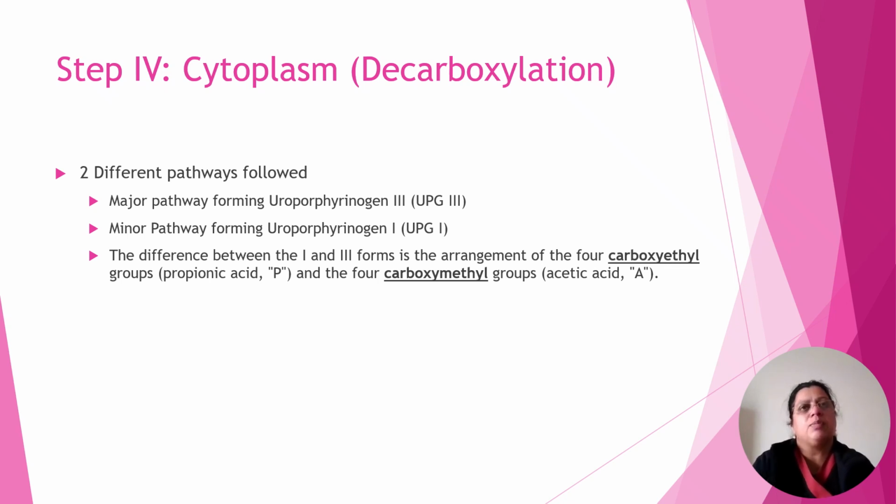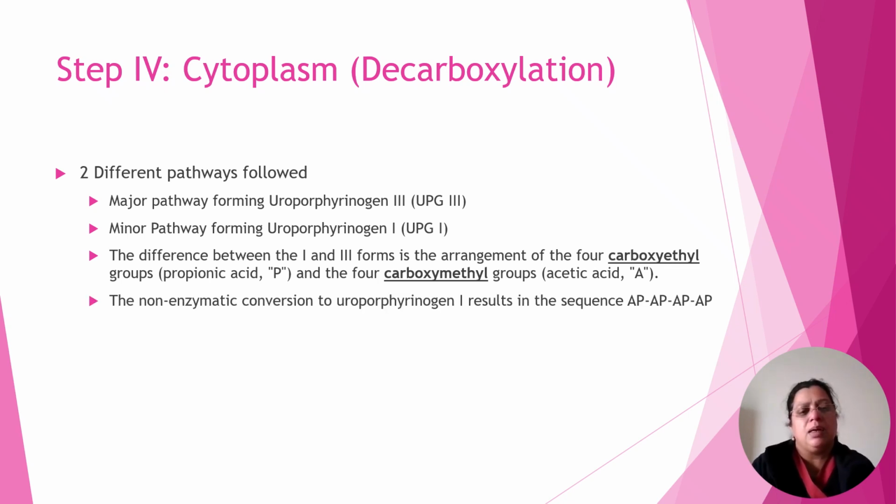The difference between the 1 and the 3 form is the arrangement of the carboxyethyl groups, that is the propionic acid, and the carboxymethyl groups, that is the acetic acid. The non-enzymatic conversion of uroporphyrinogen 1 results in the sequence AP, that is A is for acetate and P is for propionic acid. So ring 1 will have acetate propionic acid, 2 acetate propionic acid, 3 acetate propionic acid, and 4 acetate propionic acid side chains.